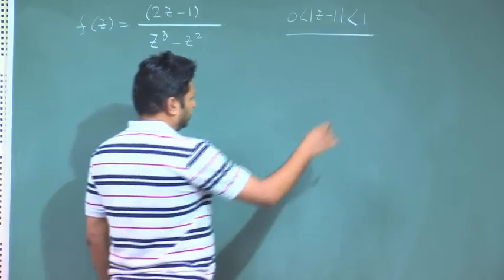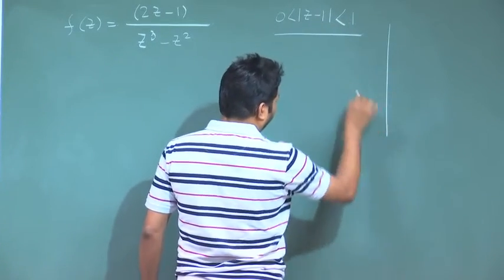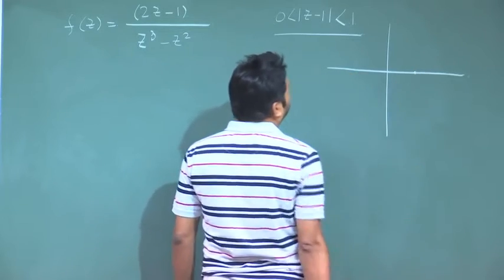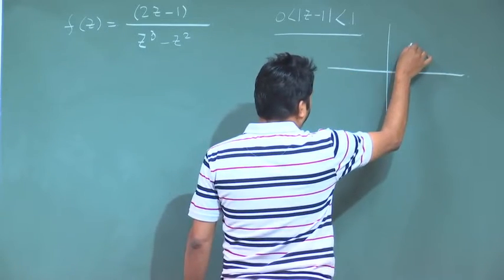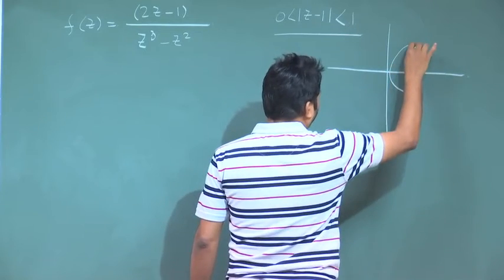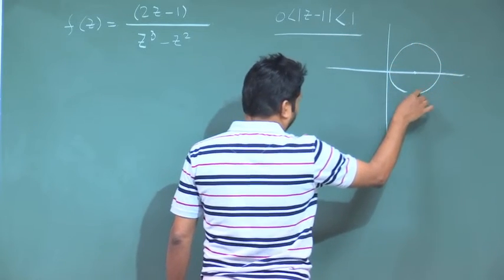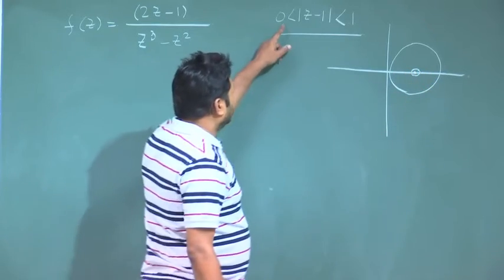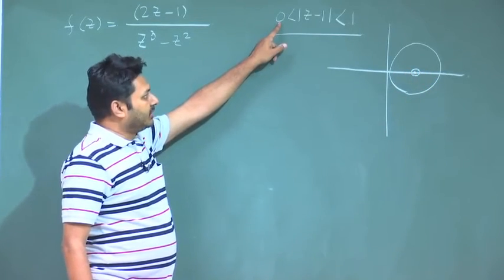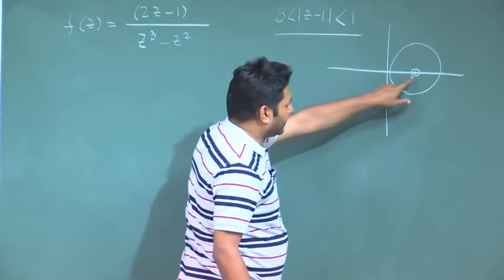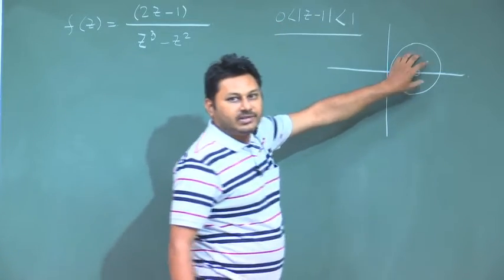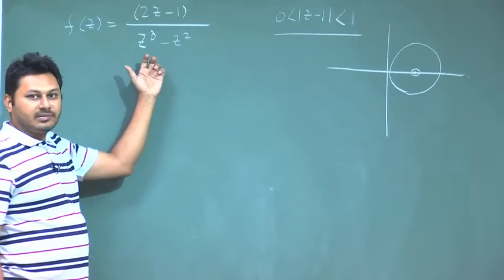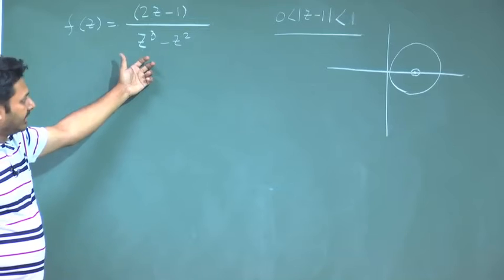So, if I try to find out the region, the z equal to 1 point is here. If I make a circle of radius 1, it will be something like this. It is not going to cut the 0 point, and another small circle here because it is greater than 0. So, this is the annular region where I try to expand this function.